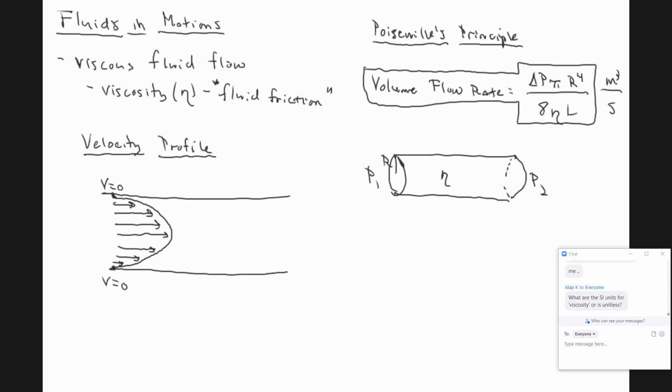Oh, yes, the SI units for viscosity. That's a good question. Thank you. Viscosity is Newton seconds per meters squared. Those are the units for viscosity. And L is the length of your fluidic channel.